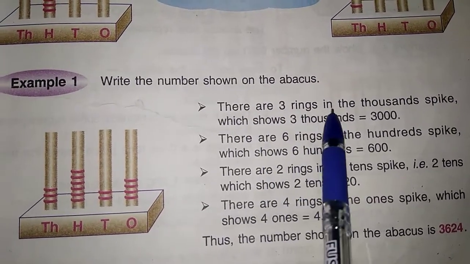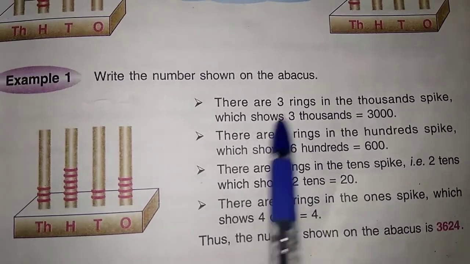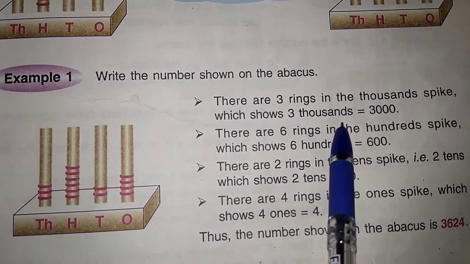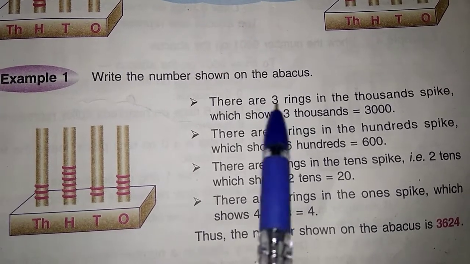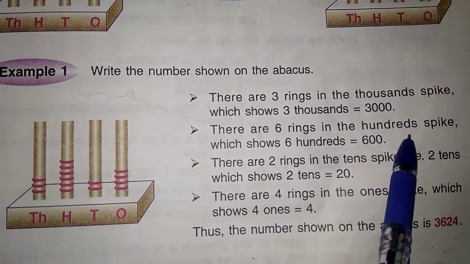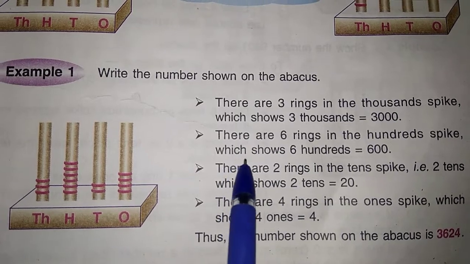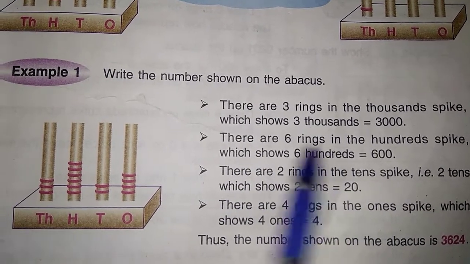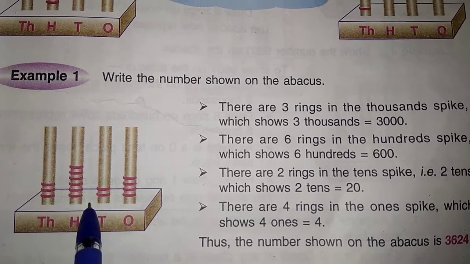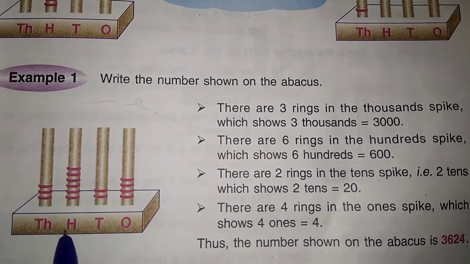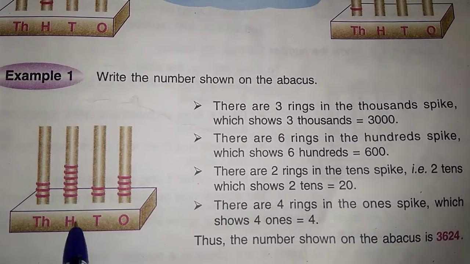There are 3 rings in the 1000 spike, which shows 3000. Yes children, it is known as 3000. Now there are 6 rings in the 100 spike, which shows 600. Yes, 6 rings means, children, 600, because it is in a 100 spike.